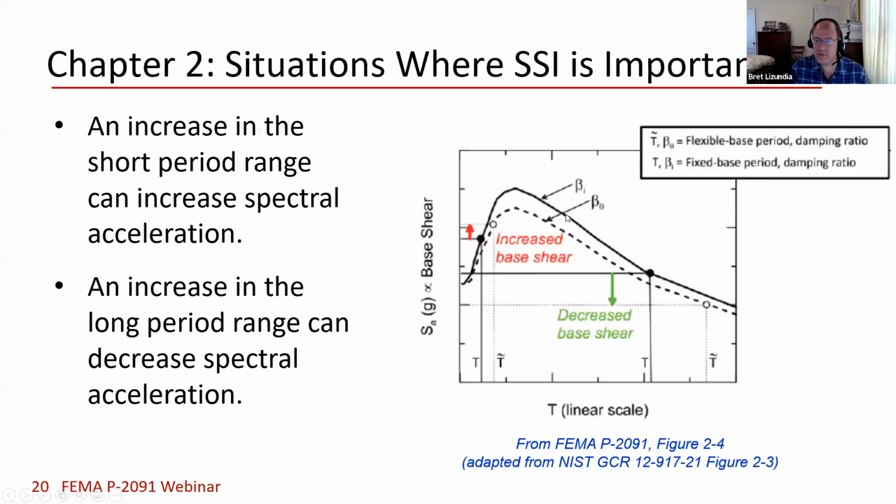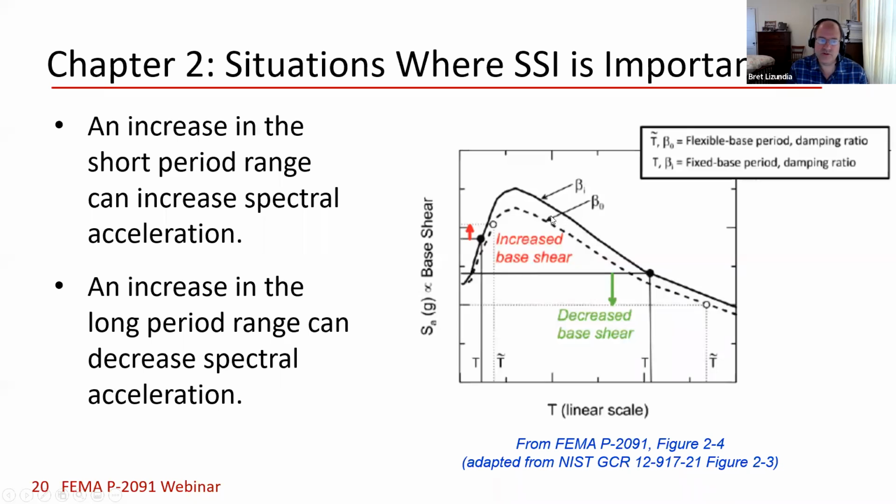A little more common, particularly as the buildings get taller and the periods get longer, is that we're on the downward side. And as we go from the black dot here, T, to this T tilde, which is with the flexible base, then we get an extension of period and we're going down the response spectrum. There's also a change in damping that can occur.